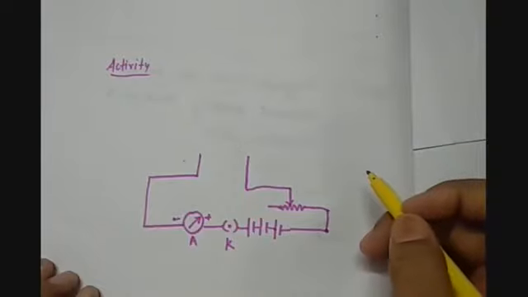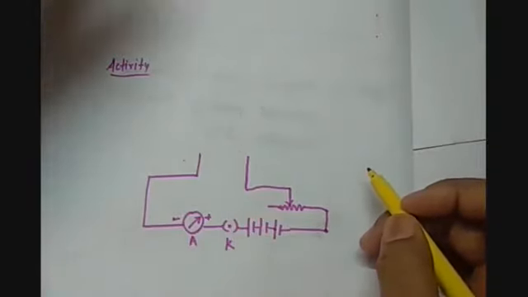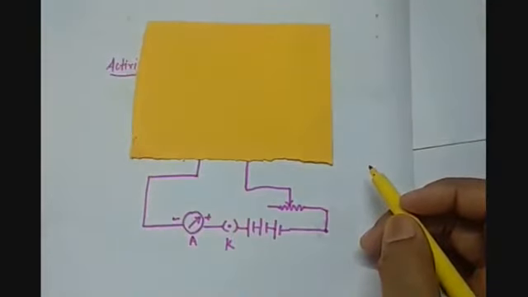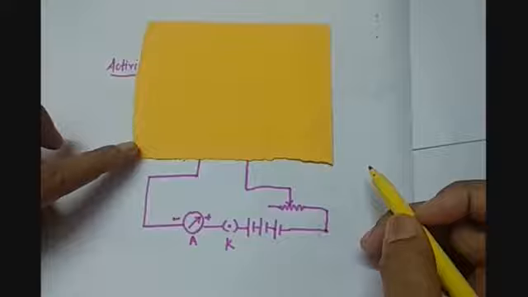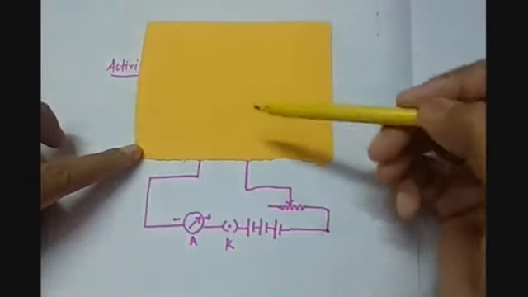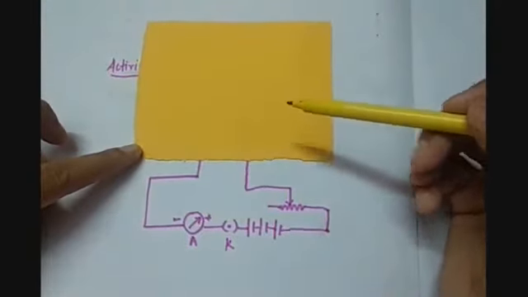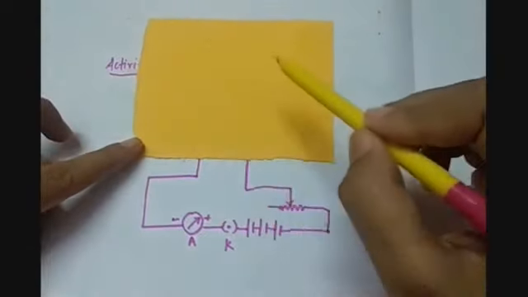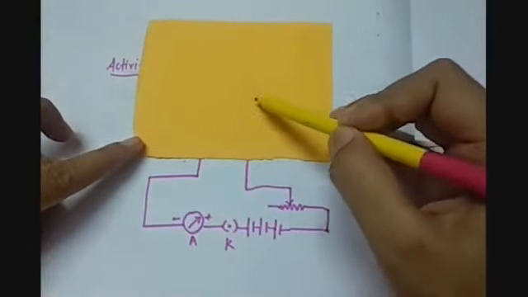So let us understand this with the help of an activity. First, we have to take a thick cardboard sheet on which we will sprinkle iron filings uniformly, and then we will pass a circular loop of wire through it.